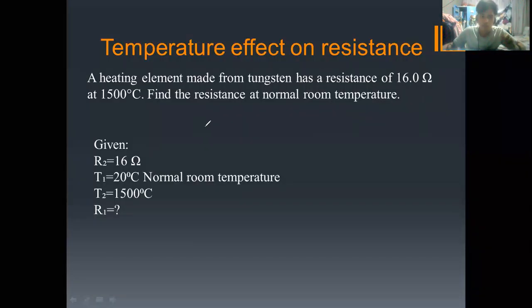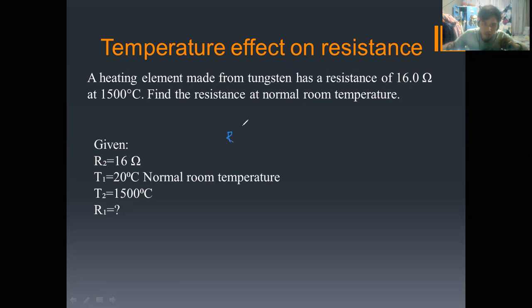So, dito, ang pag-compute natin, given natin is R2 is equal to 16 ohms. Yung T sub 1 is 20 degrees centigrade. Temperature 2 is 1,500 degrees centigrade. Tapos, ang mawawala natin yung R1.